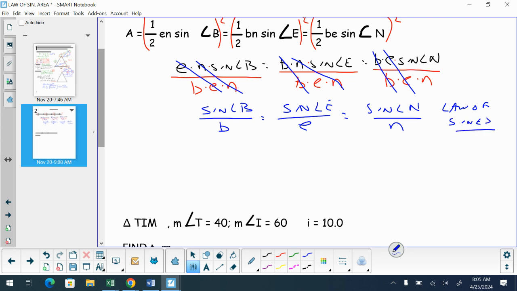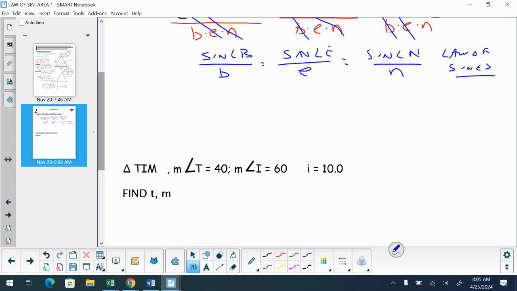For any triangle, the ratio of the sine of the angle to the length of the side opposite will be in proportion. When you have ratios here, a ratio is just a fancy way of saying a fraction. You have a number compared to a number, a number over something else.